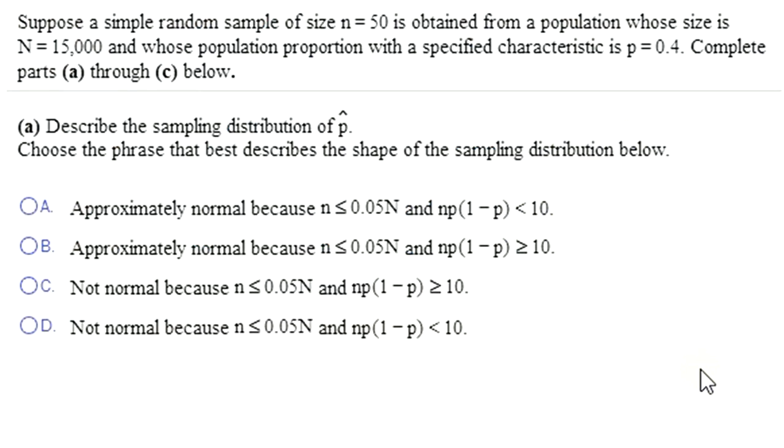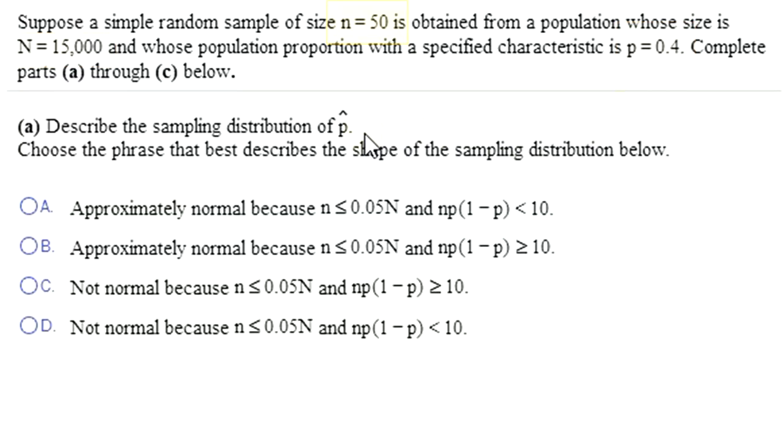Okay, so we have a simple random sample of size 50 obtained from a population whose size is 15,000, and the population proportion with a specified characteristic. We don't have any story here. It's just the population proportion is 0.4, 40% of the population.